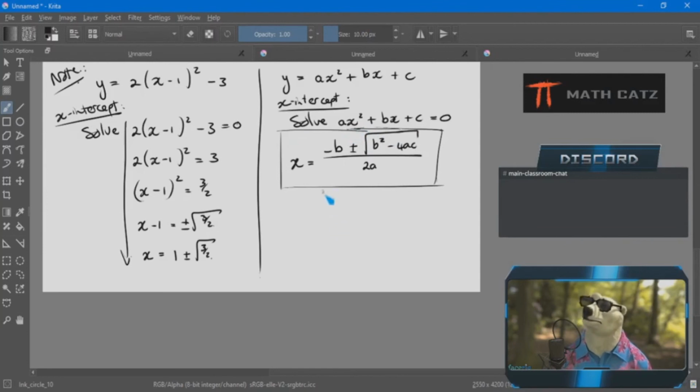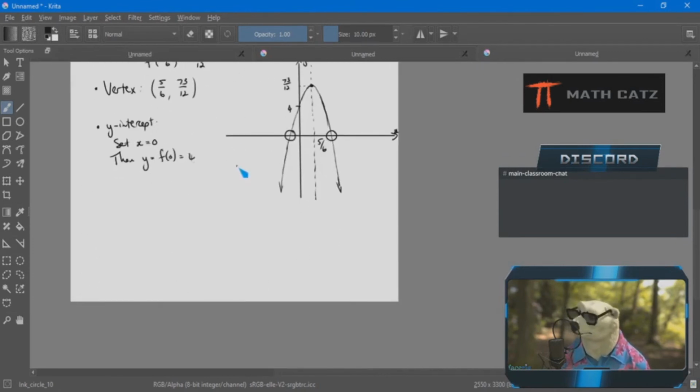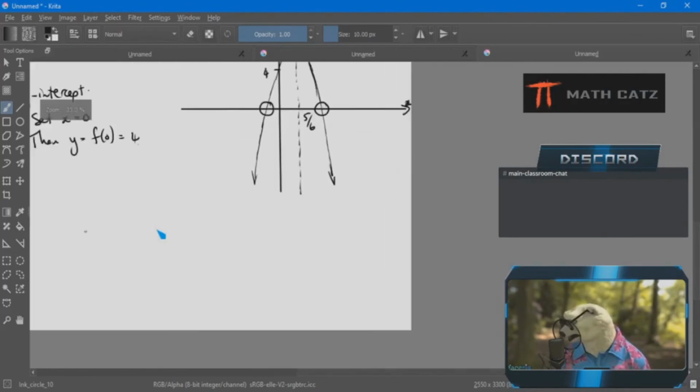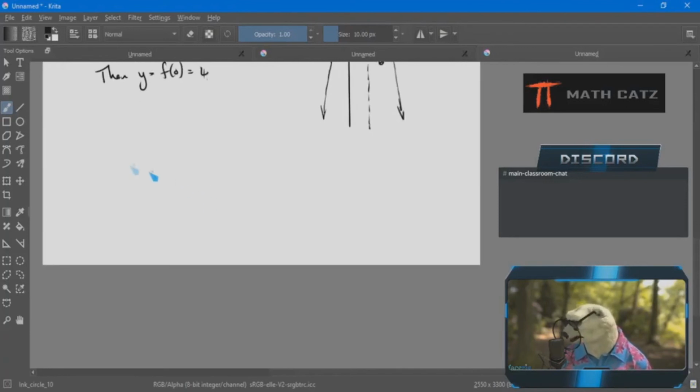So if we want to, in general, find the x-intercepts, the quadratic formula is always there as a worst case scenario. So let's do it on this function. Ooh, we have some space, not a lot. Let's hope it's enough.